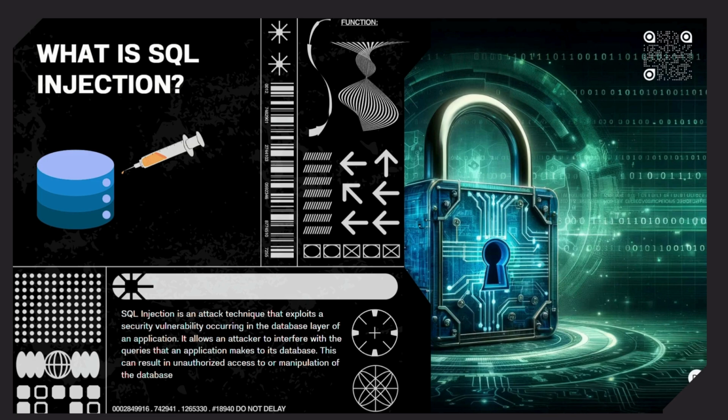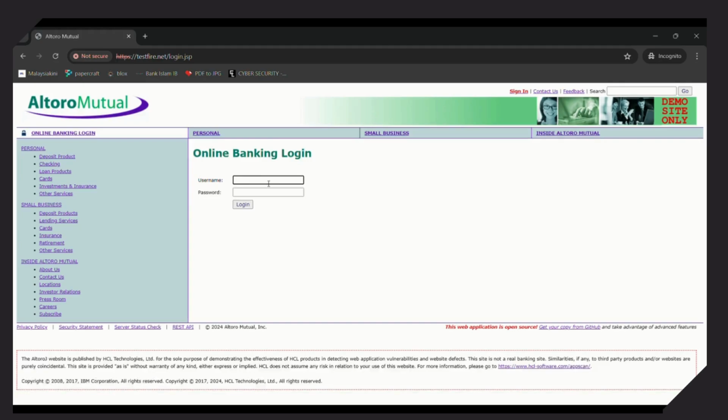So, let's head over to the demo, shall we? Here we have an example of an online banking login website that we're going to use for our SQL injection. We don't know the username and password, so how about we try to brute force the login page?